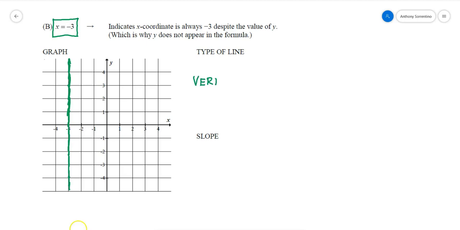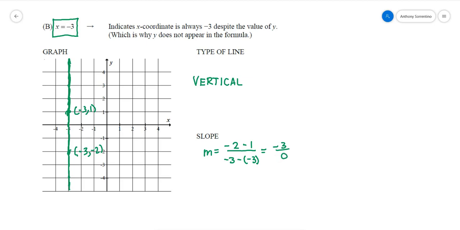And it's vertical. Now, if I pick some random points on this, say negative 3, negative 2, and negative 3, 1, those would be points on this line. If I tried to calculate the slope from those, I'm going to have negative 2 minus 1 on top, and negative 3 minus negative 3 on the bottom, which gives me negative 3 over 0.